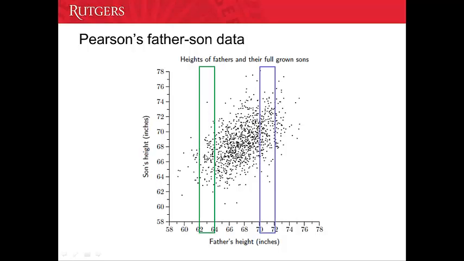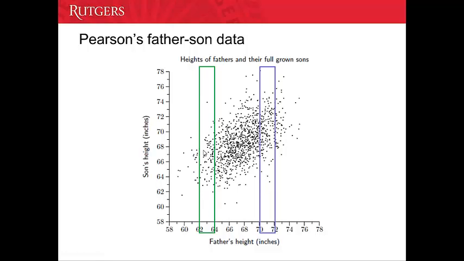For the fathers with heights ranging from 62 to 64, their sons' heights range from around 63 to 74, and for the fathers with heights from 72 to 74, their sons' heights range from 62 to 75.